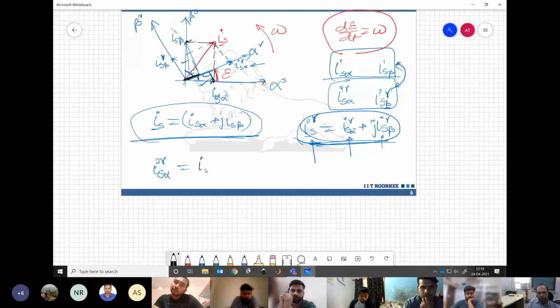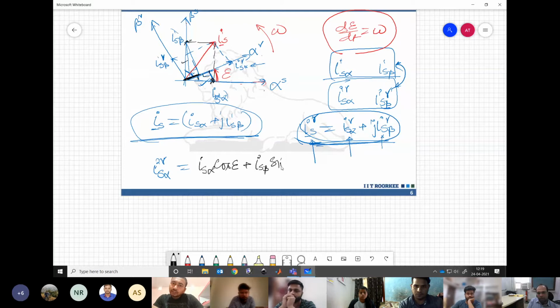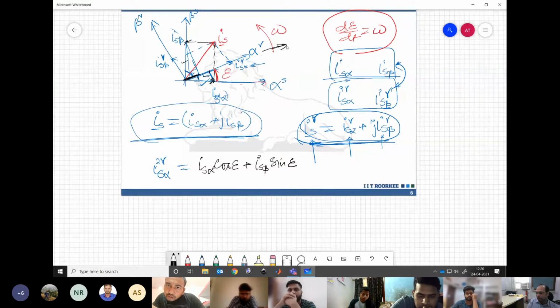It will be Is alpha cos epsilon. That is the component up to this point, the projection of this Is alpha on this axis. And then plus Is beta sin epsilon. Clear, right? Any confusion in this? You are simply taking the projections of Is alpha and Is beta on this axis, Is alpha R. Clear?